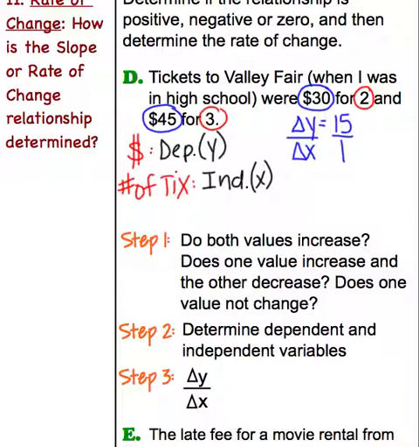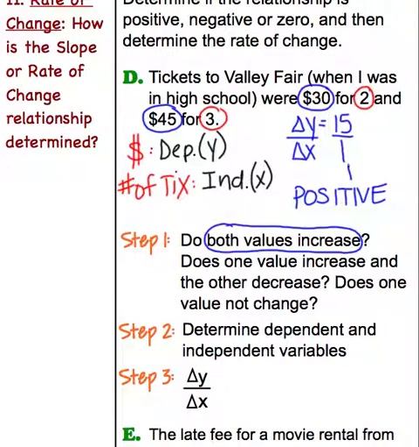And so therefore both values are going to increase, and what that means is that our relationship is going to be positive. And the nice part is this right here is already 15 over 1, which means we can just add our labels. So 15 is our increase by $15 per 1 ticket.